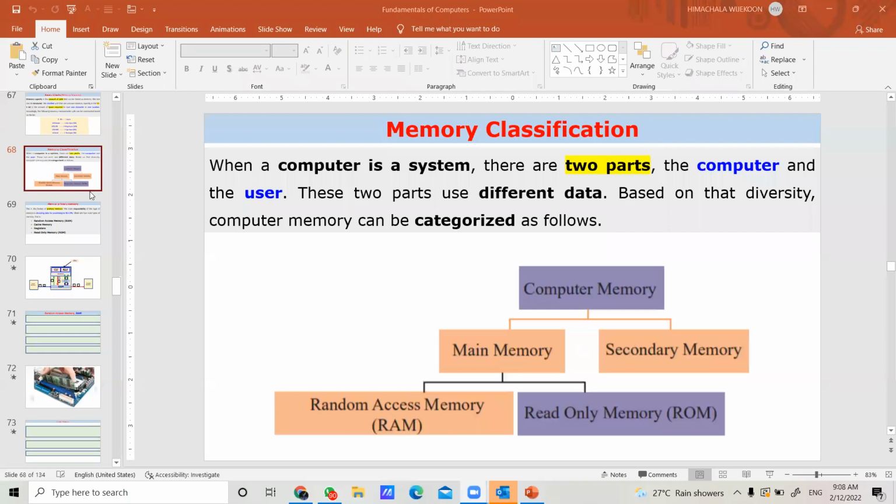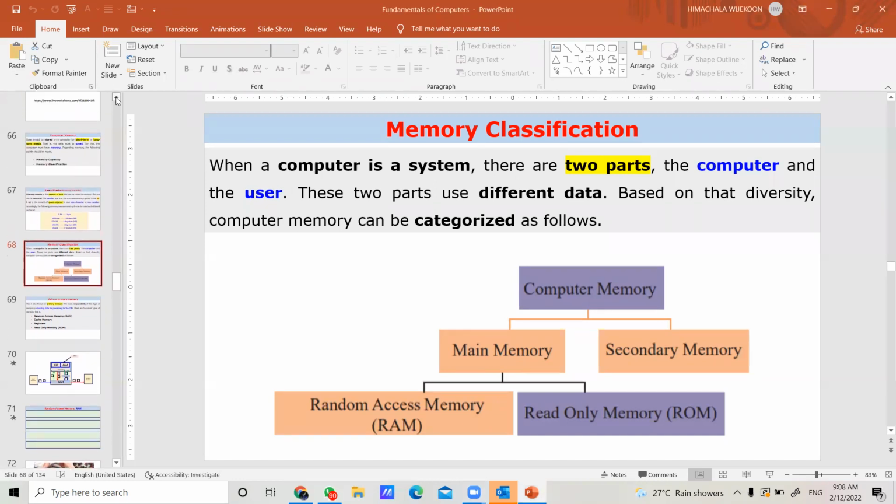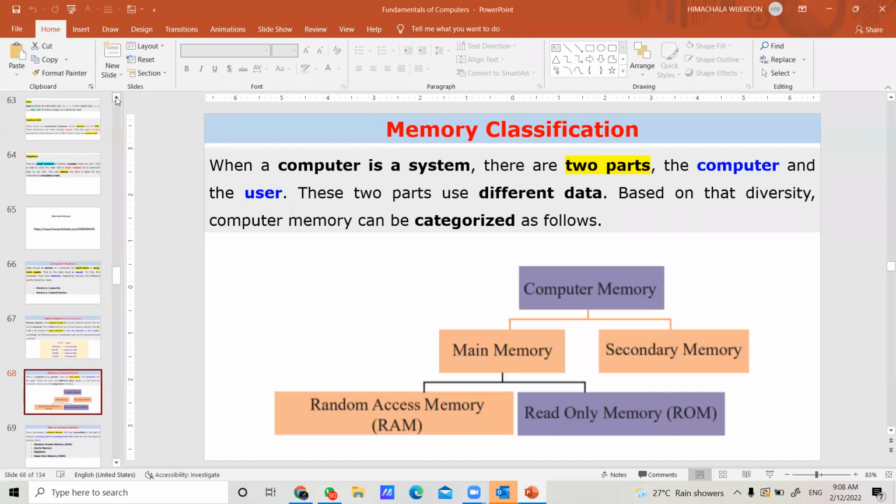Right. Last week we were discussing computer memory. I think all of you can remember what we stopped at last time. Let me remind you of what we did so far.